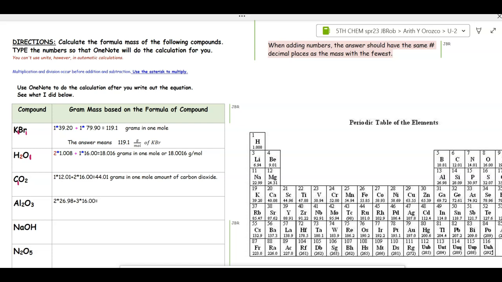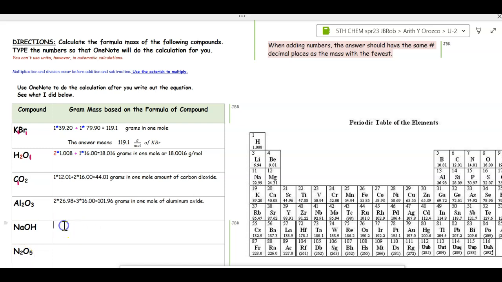I want you to see how fast this is going. Remember, multiplication and division will be done first before addition and subtraction. So even though I'm not using parentheses, this works. When you find out it doesn't work, it means you probably need to use some parentheses. So this is the number of grams in 1 mole of aluminum oxide.